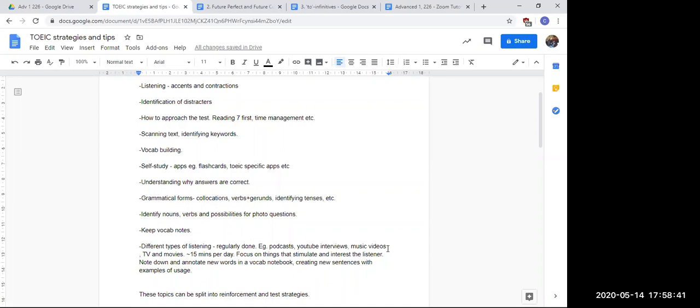It's not grammar that will help you pass a test. But trying to listen to songs to get the contractions of words like gonna, coulda, woulda, shoulda, things like that, it's good.